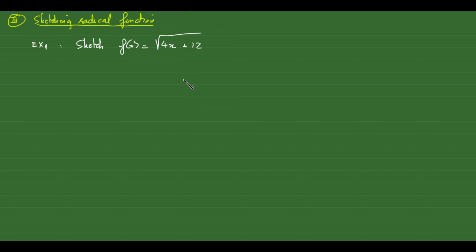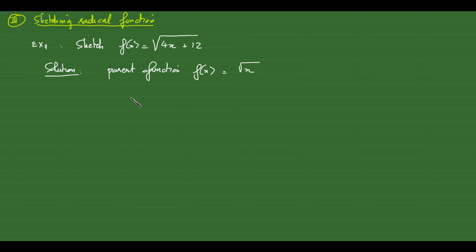So we need to figure out how this function transforms based on the original parent function. First of all, we have to recognize the parent function. The parent function over here will be f of x equal to the square root of x.